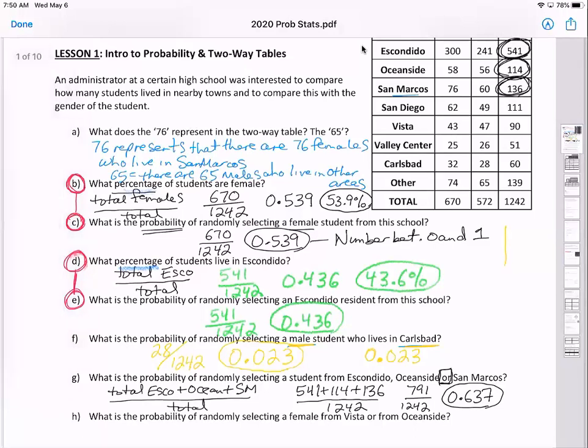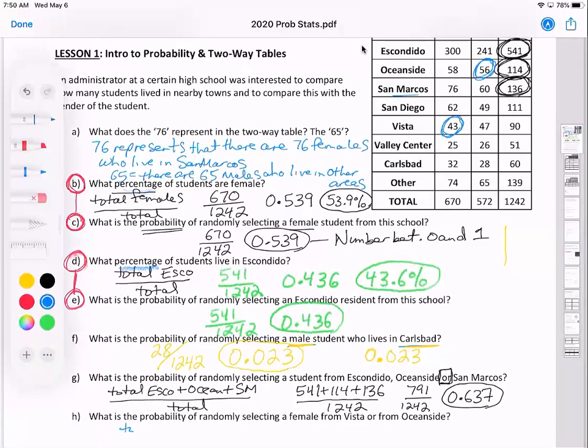Next question, we see what is the probability of randomly selecting a female from Vista or from Oceanside. So female is the first column, female from Vista. There are 43 females from Vista, or from Oceanside. There are 56 females from Oceanside.